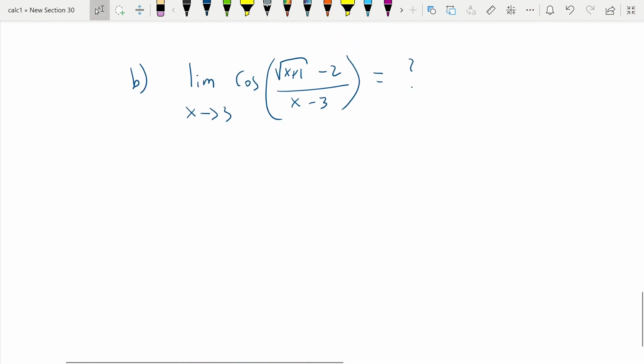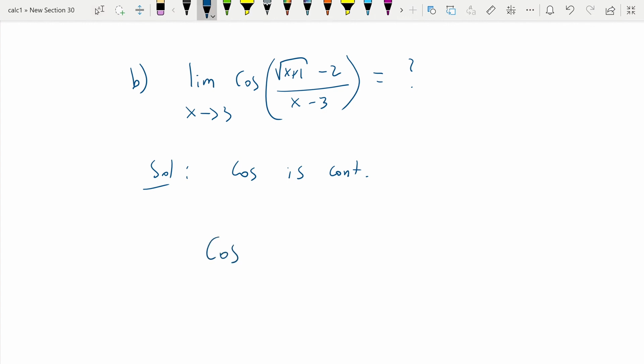What is that limit equal to? Well, we have to remember here that cosine is continuous. So when this is the case, we simply bring the limit inside.